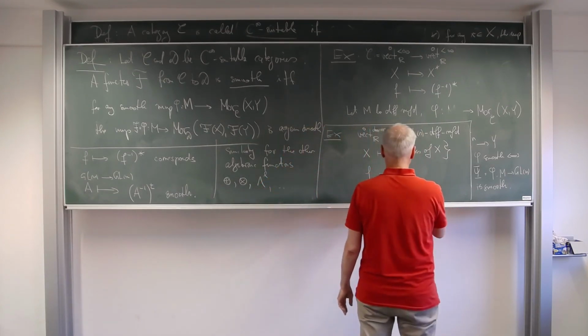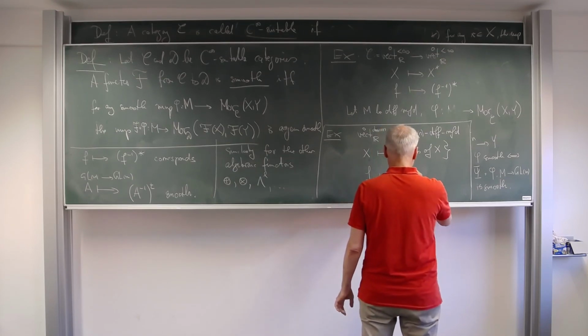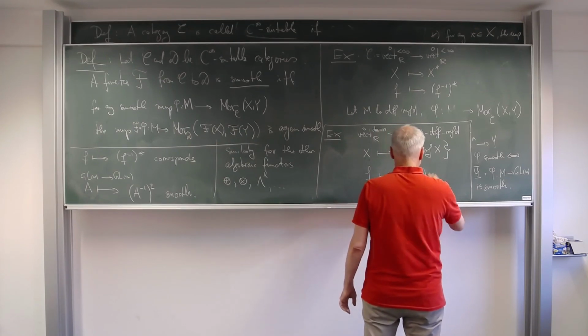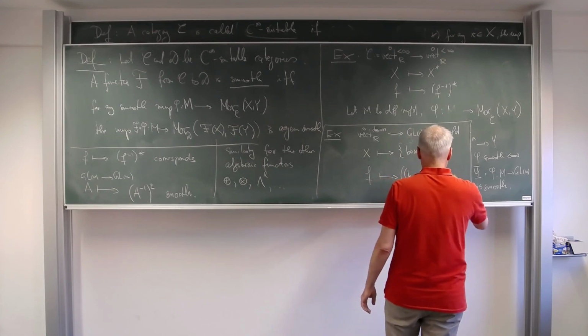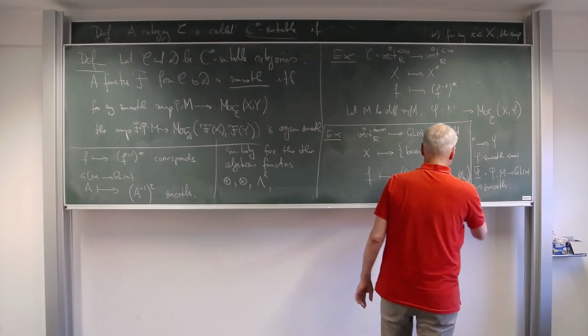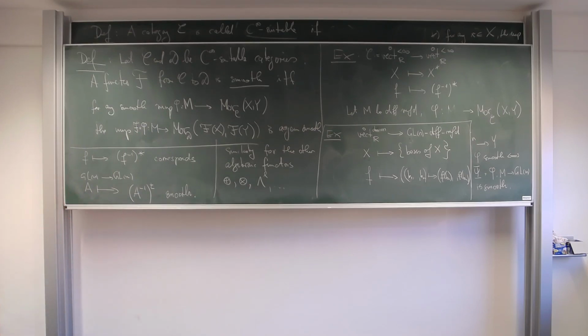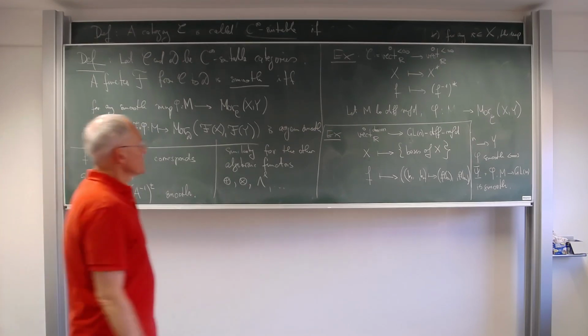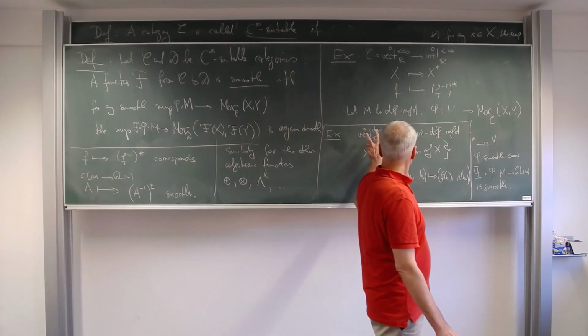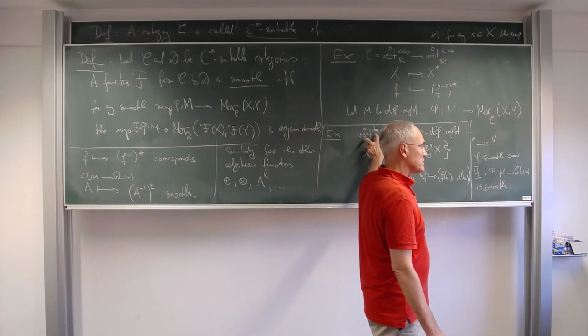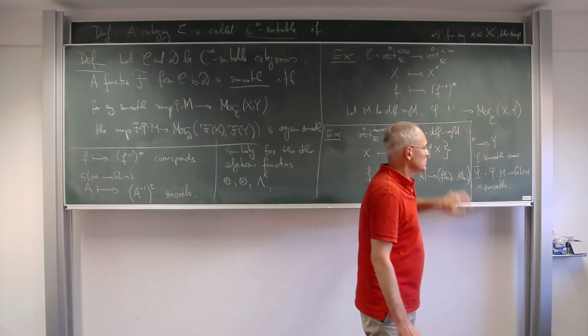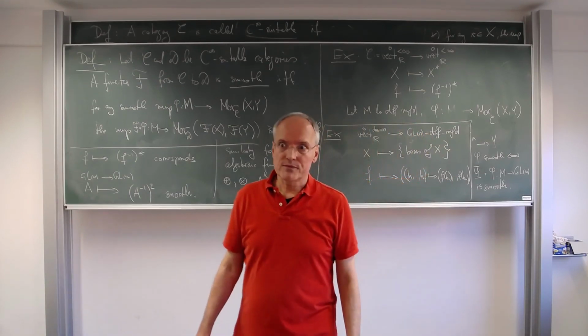F is being mapped to the map which maps a basis of X, v_1 to v_n, to the corresponding image basis. So that's a functor. Associate to a vector space all its bases. And this is such a smooth functor from the category of n-dimensional vector spaces with invertible morphisms to GL_n manifolds.